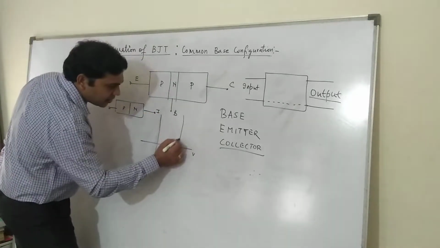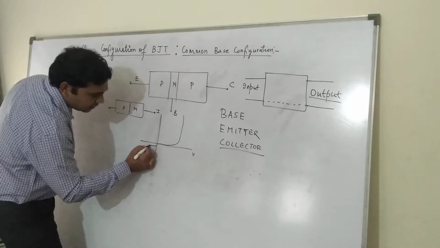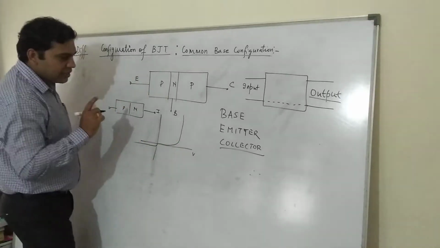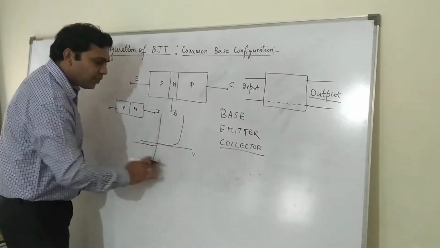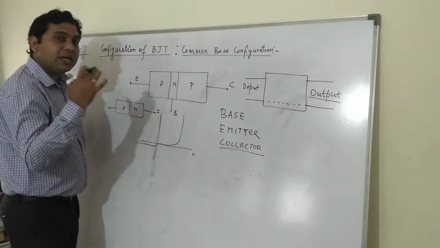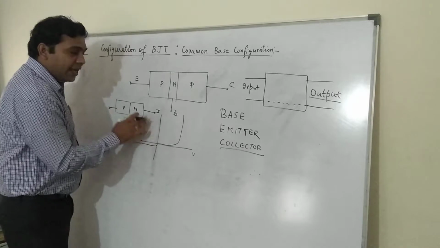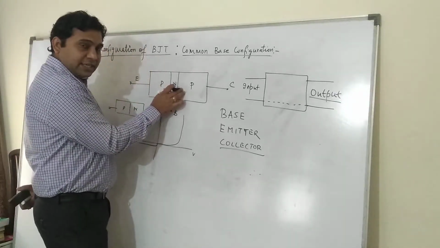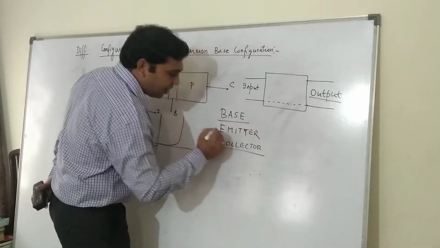Then you get a current relationship like this. This is under forward bias, and this is under reverse bias. This is how you define the characteristics of any device.